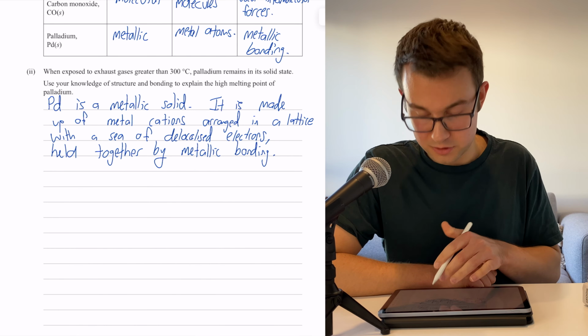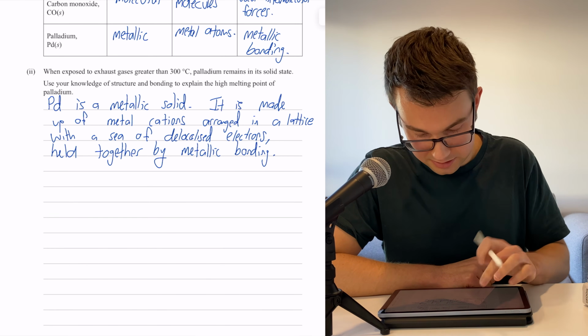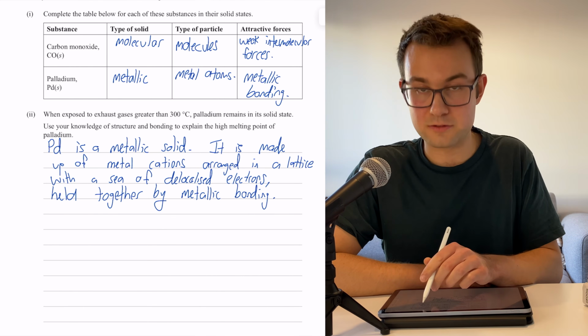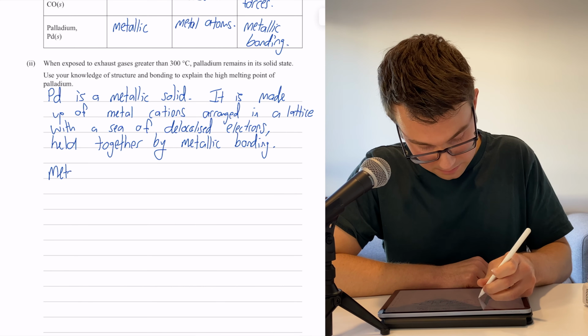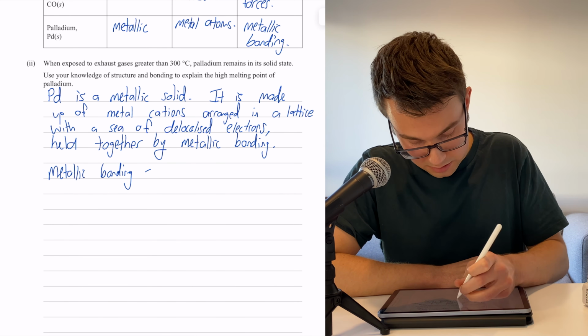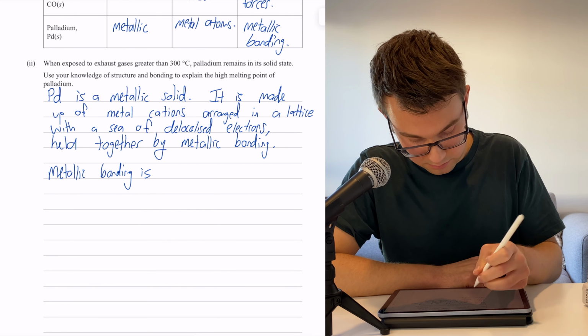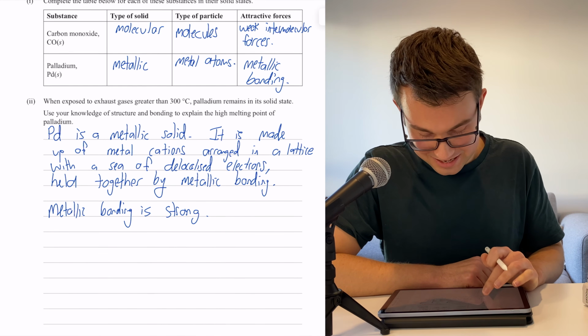Now, metallic bonding, just the general vibe, it sounds pretty strong. So let's say that it's a lot stronger than the weak intermolecular forces. So we can say metallic bonding is strong. Yes, it is. Cool.